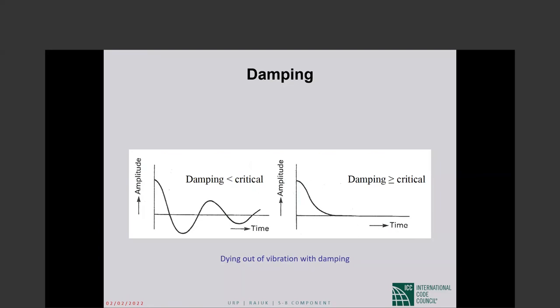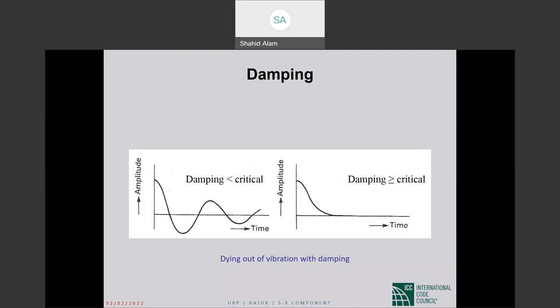If the damping in a structure is equal to critical damping or more, then when you set the building in vibration, it will come back to rest without vibrating about the position of rest. Critical damping is the least amount of damping that will allow a body set in vibration to come back to rest without oscillating about the position of rest.